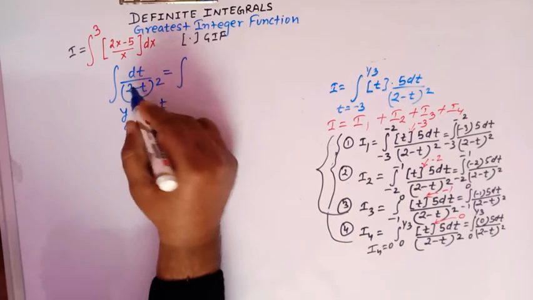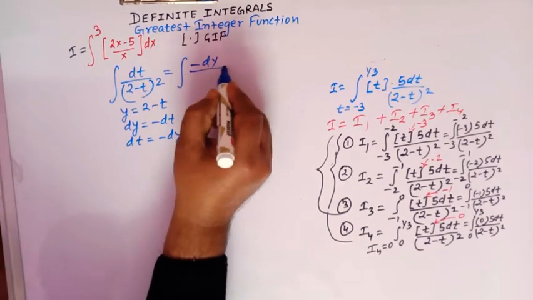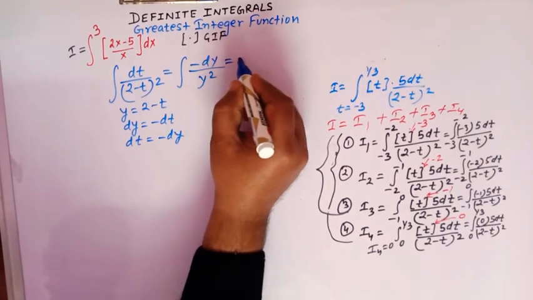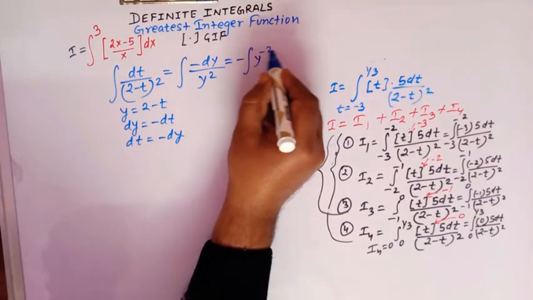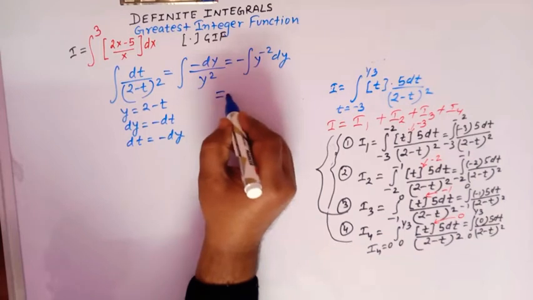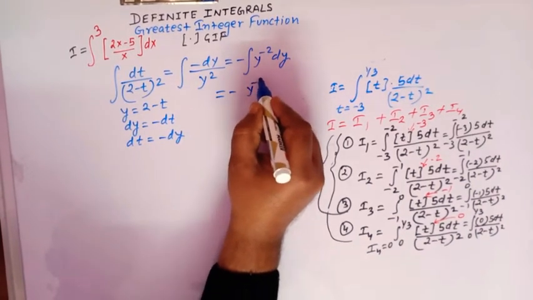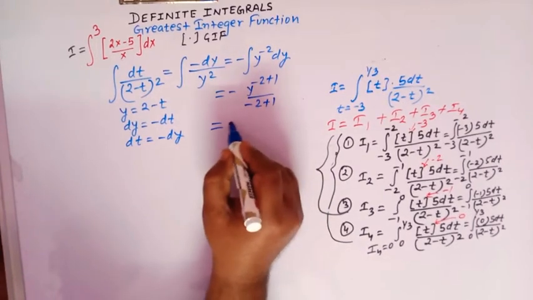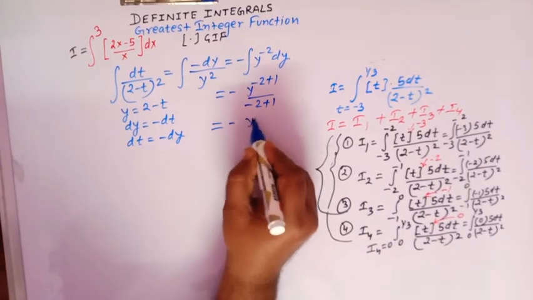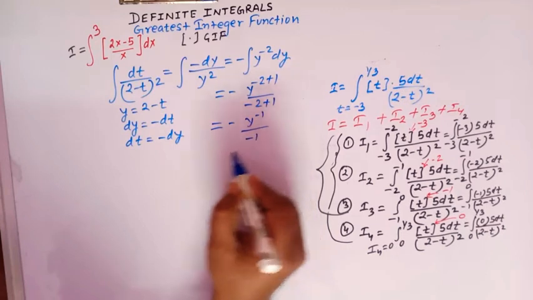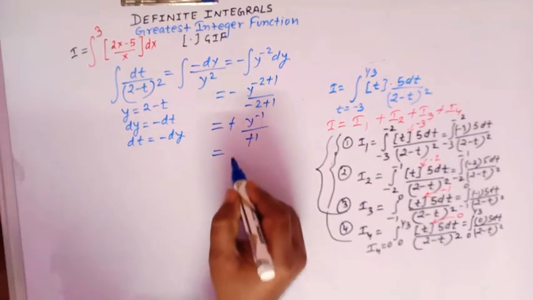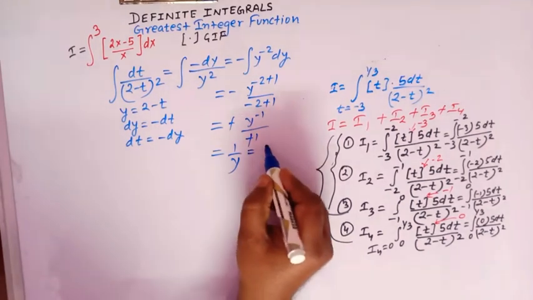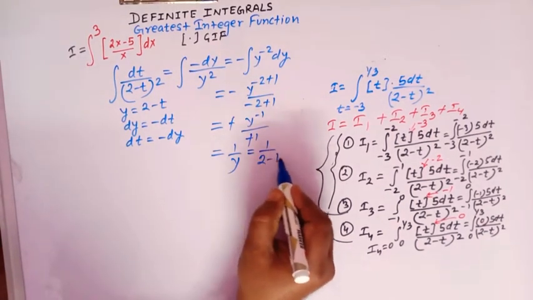The integral becomes minus dy over y square, that is, y raised to minus 2 dy, which gives minus y raised to minus 1 over minus 1. The minus signs cancel, so we are left with 1 over y, that is, 1 over 2 minus t.